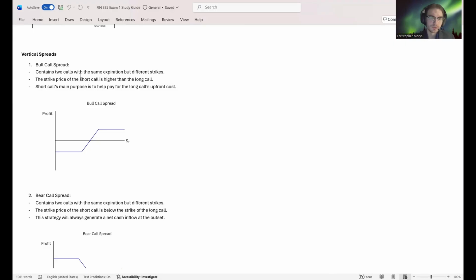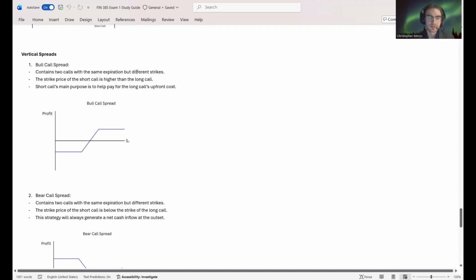It contains two calls with the same expiration but different strikes. In this case, the strike price of the short call is higher than the long call.